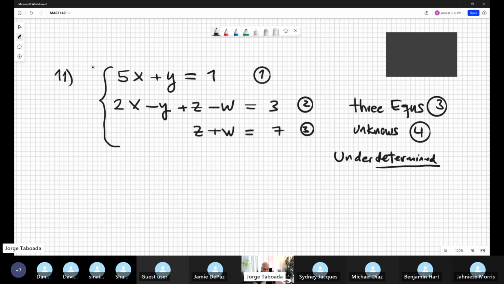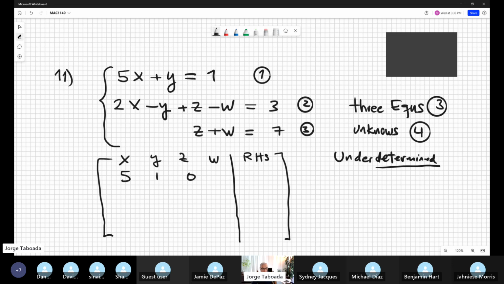The goal is, fortunately, we can analyze systematically this idea using the matrix. The matrix magic. Now I set out the matrix. Remember, we have x column, y column, z column, w column. And you put the right hand side. One more time, we use an augmented matrix today. The first row is 5, 1, 0, 0, 1.